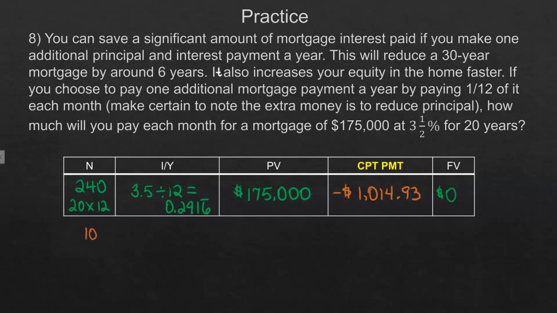So we would take the $1,014.93, divide it by 12, and that would be $84.58. And then we add that to the $1,014.93, and this is the amount we would pay.